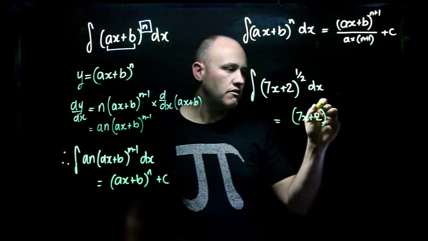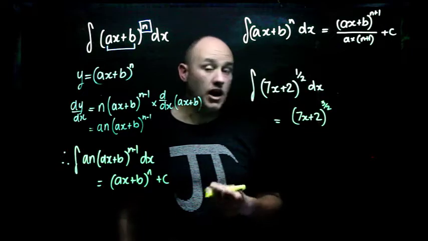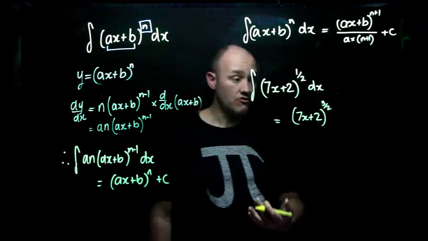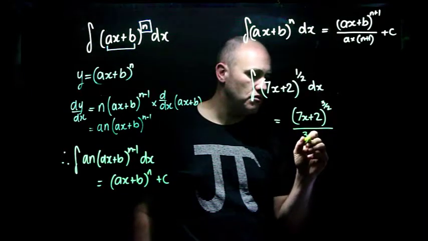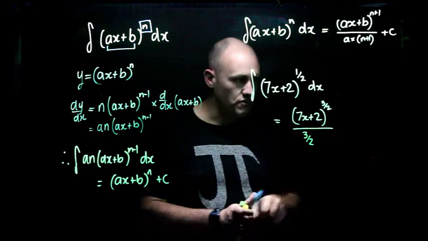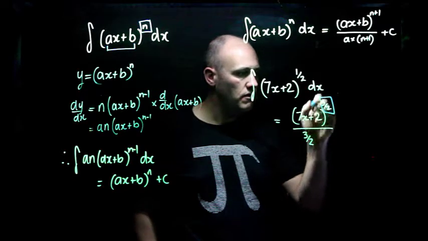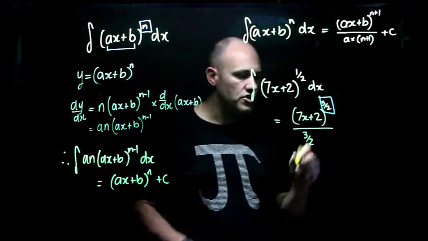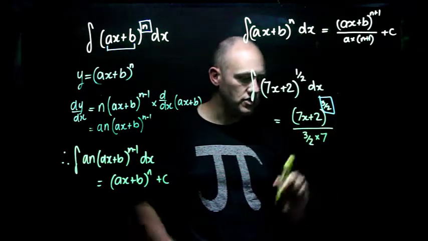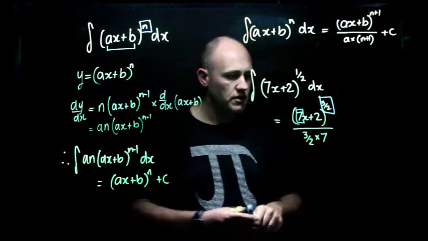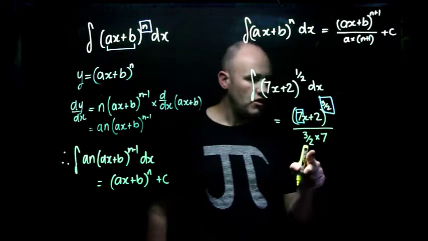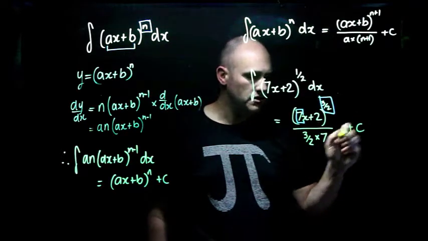I raise the power to 3 over 2, so a half goes to 1 and a half, which is 3 over 2. But now I have to divide by 3 over 2, that's my new power. But I also have to divide by the derivative of the inside function, which is 7. That 7 is the coefficient of x. So they're the things that I have to divide by. And of course I have plus c.